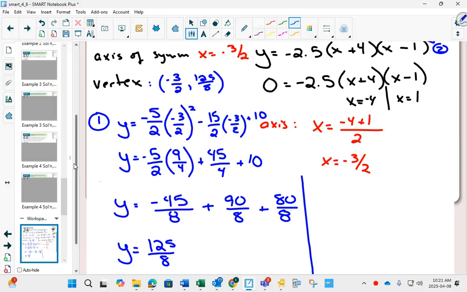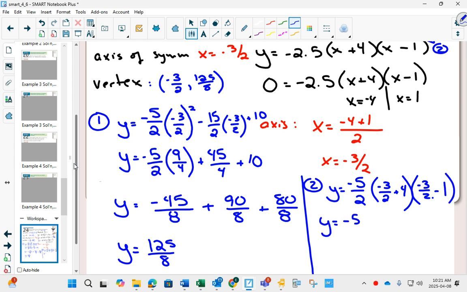If you did option 2, plugging it into the factored form, -5/2, you'd still change that to a fraction, and then you'd plug in -3/2 plus 4, and -3/2 minus 1. Order of operations, do your brackets first. So here I would need a common denominator. My common denominator would be, change that to 8/2.